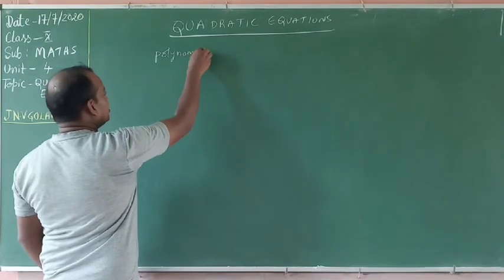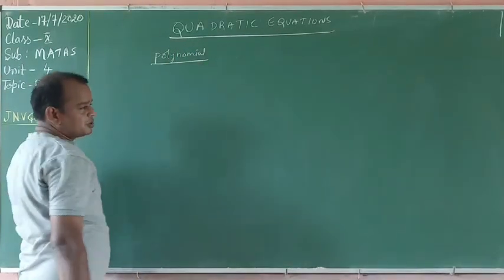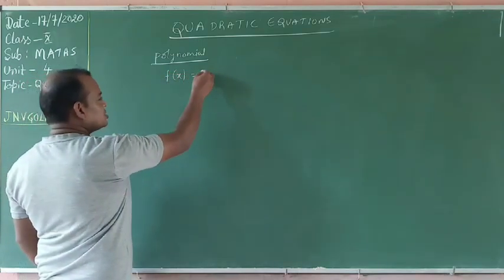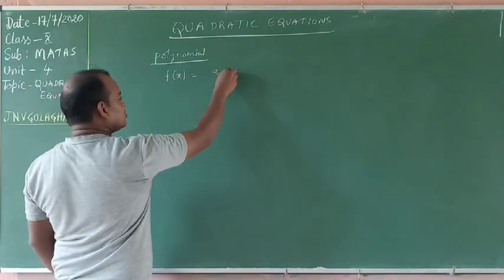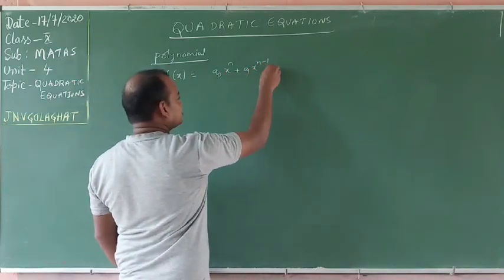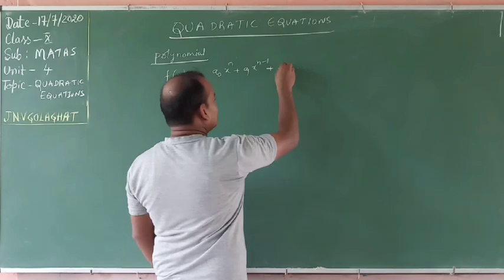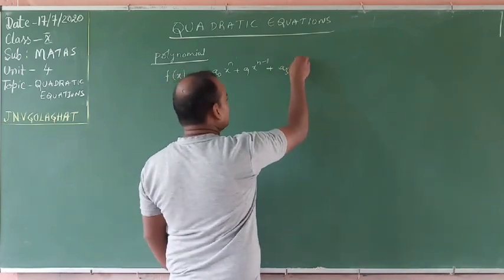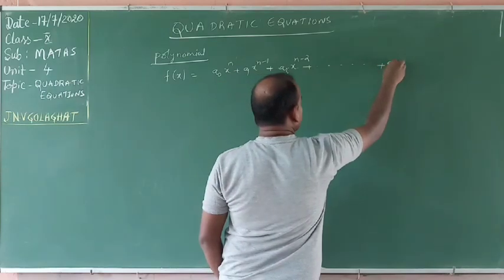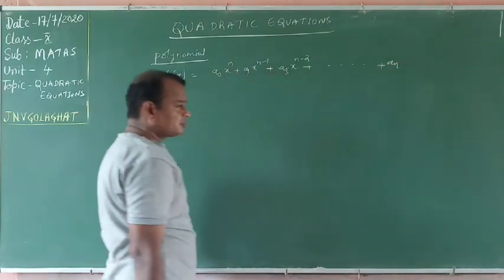Polynomial. Suppose we consider f of x is equal to a0 x power n plus a1 x power n minus 1 plus a3 x power n minus 2 plus so on, last an.